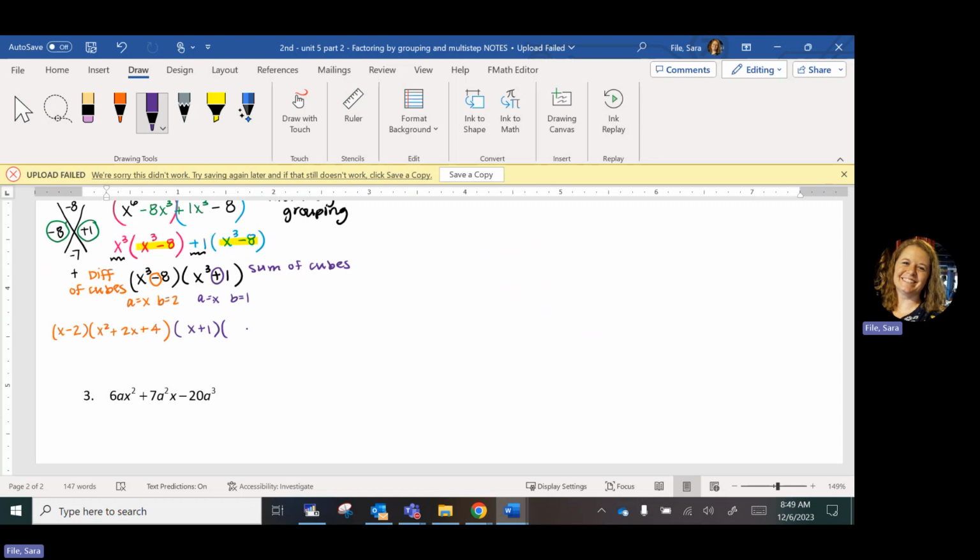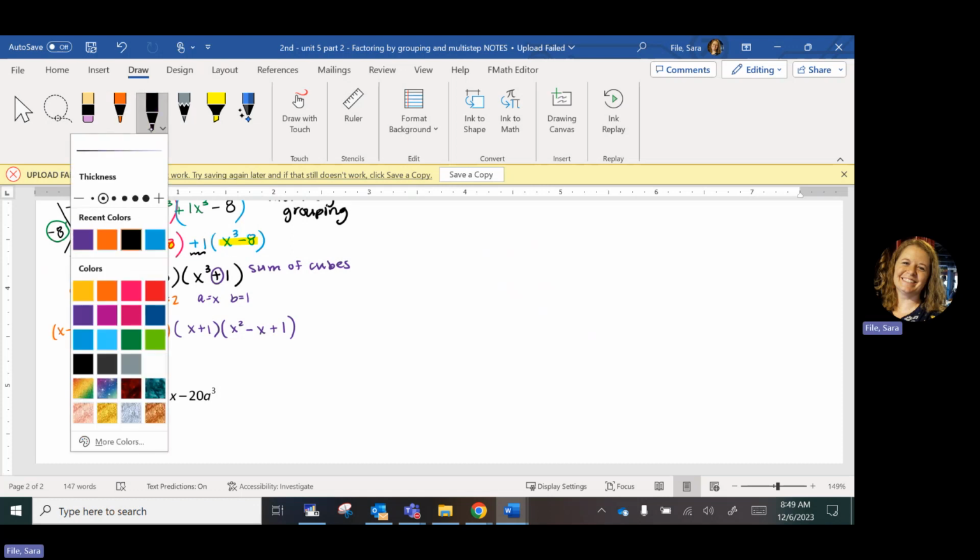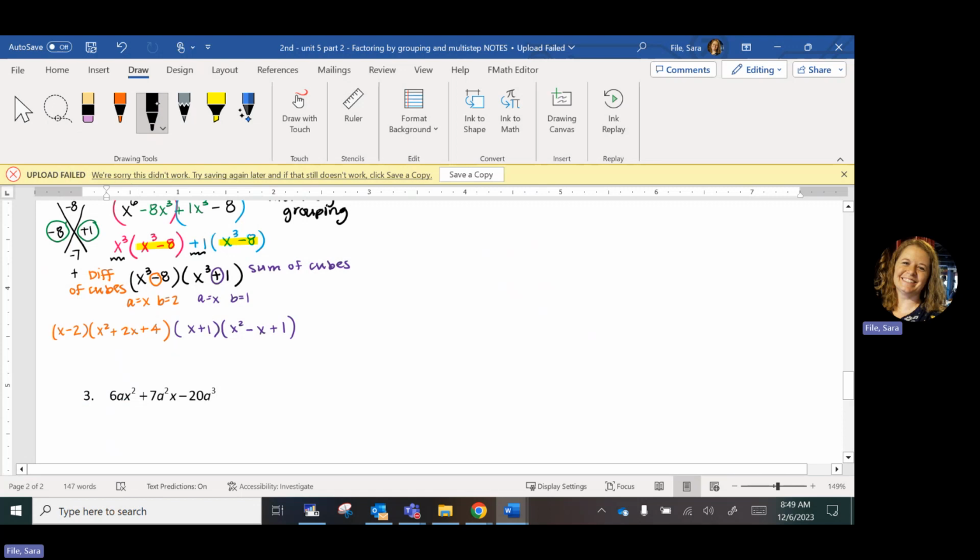And then it is a squared, so x squared, minus a times b, so x times 1 is just x, plus b squared. 1 squared is just 1. So now that is completely factored.